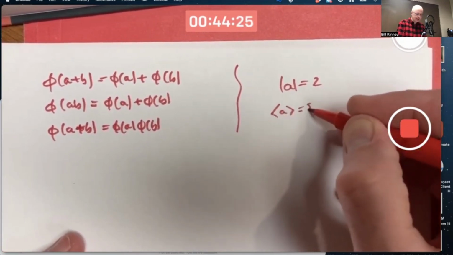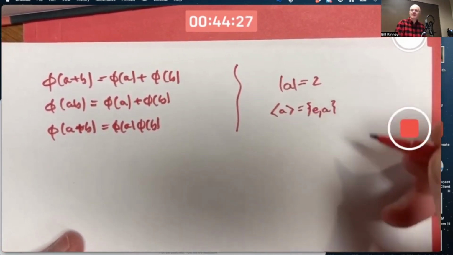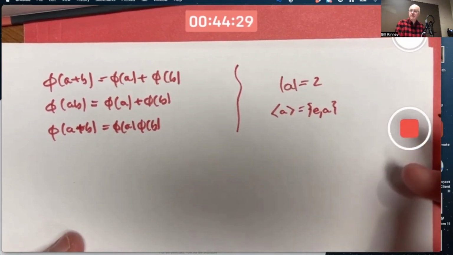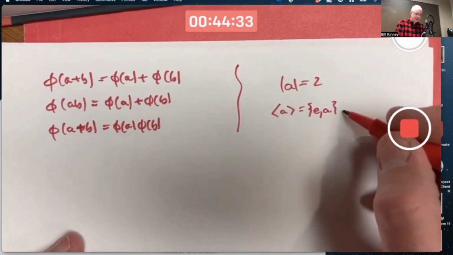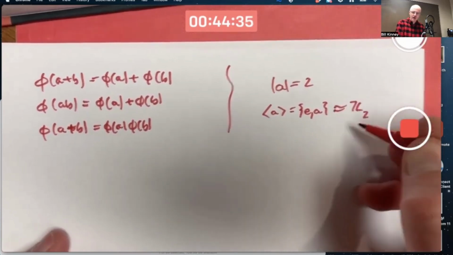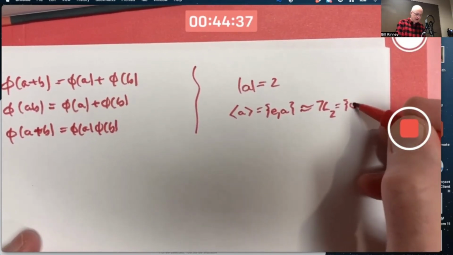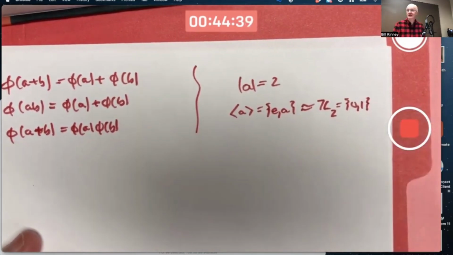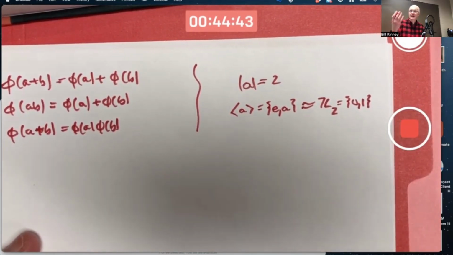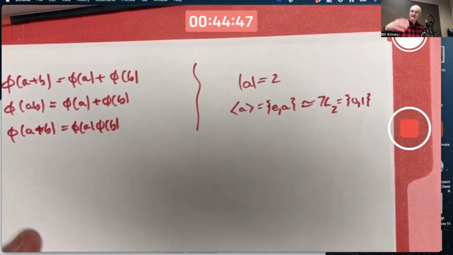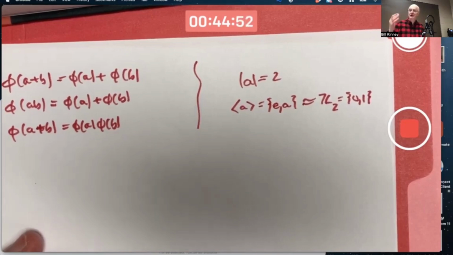The cyclic subgroup generated by that element would be those two elements, the operation would be multiplication, but it would be isomorphic to Z2, whose elements are 0 and 1, where the operation is addition mod 2. So the form of the elements and the form of the operations themselves, for purposes of classification, and whether two groups are isomorphic or not, is irrelevant.